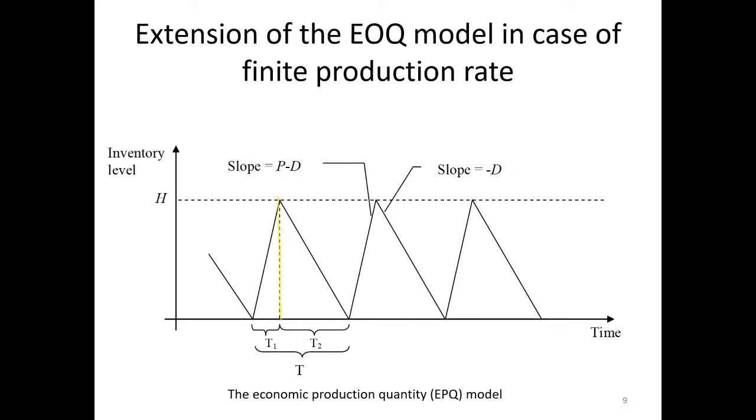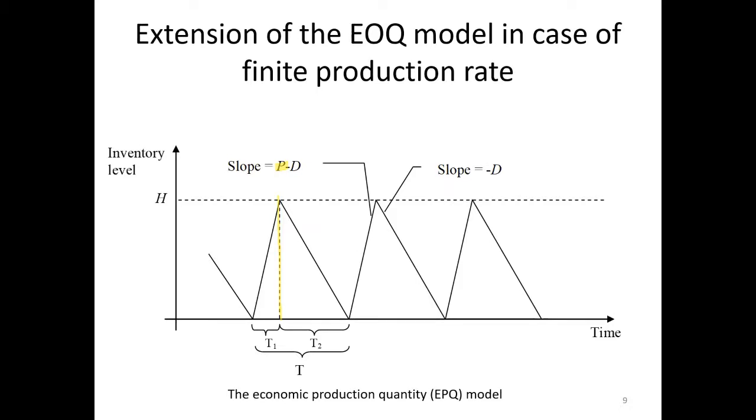Now, in the case of finite production rate, we have a situation in which this replenishment is not done instantaneously. Instead, you have something called the production rate, denoted as capital P, as you can see here. This is the replenishment rate. This means you replenish the inventory at the rate P, which is given as the number of units per unit time.